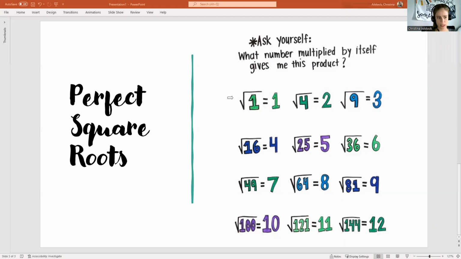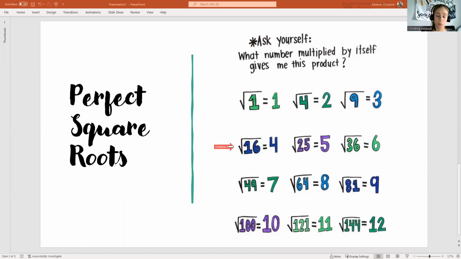So let's actually not look at the first example, because anytime you deal with ones and twos, it's kind of weird. So let's come down here and look at the square root of 16. When you take the square root of 16, you want to think what number multiplied by itself will give you 16. Well, that would be 4, because 4 times 4 is 16.